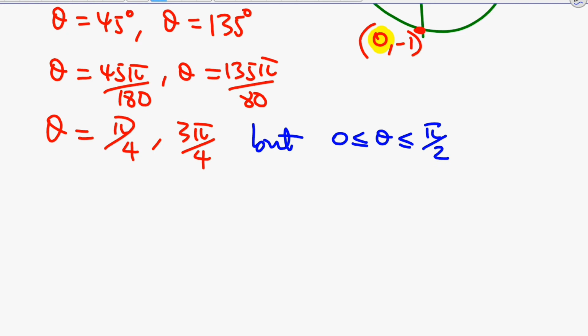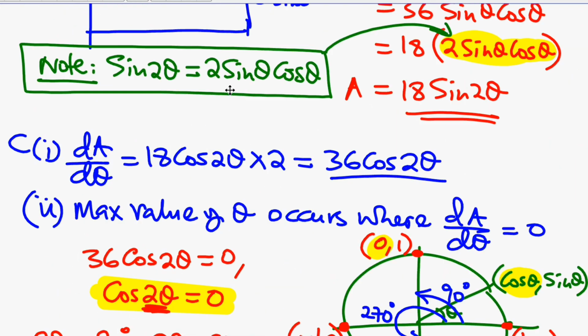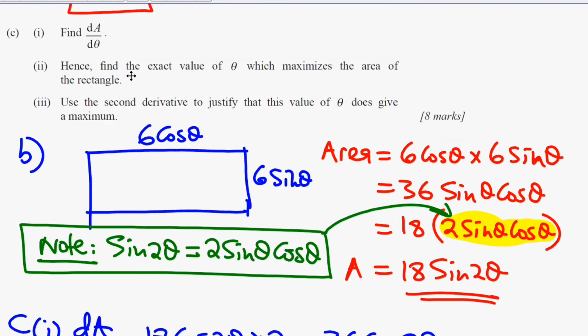Which means 3 pi over 4 won't work for us because it's outside the domain. So theta is just equal to pi over 4. Now we have to go back again and see what the next question is asking.